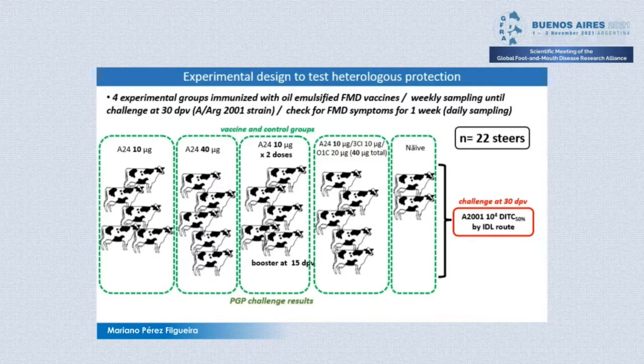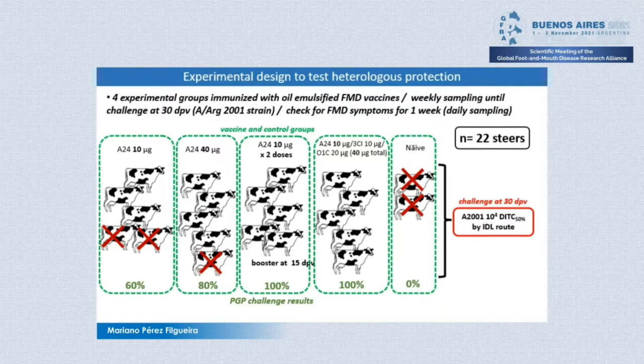So 30 days after the primary vaccinations, animals were challenged, and the results are these: in the low payload group, only 60% of the animals were protected, since 2 of them suffered a generalization of disease.